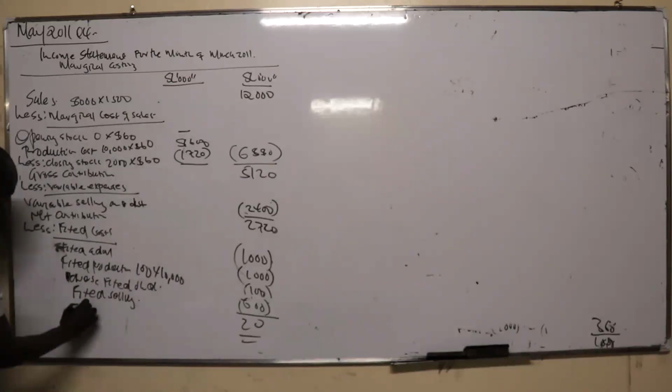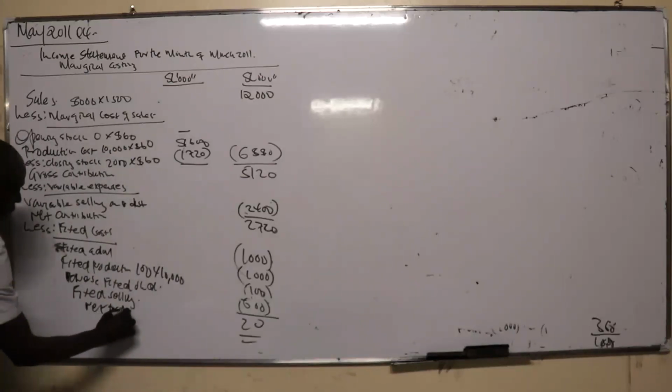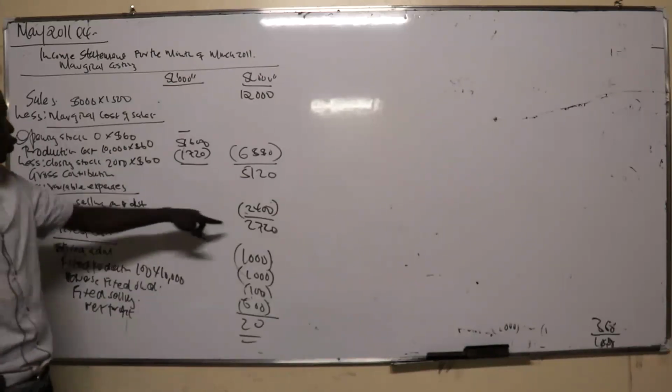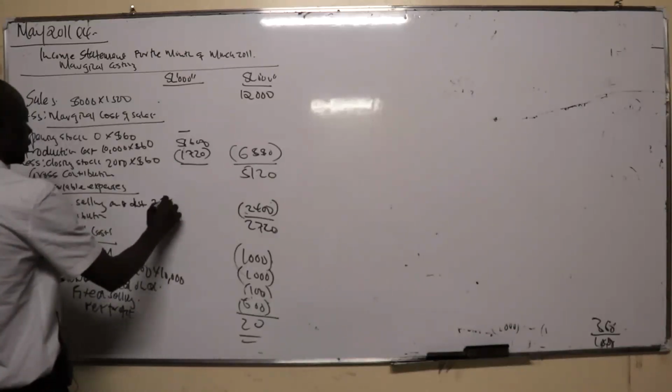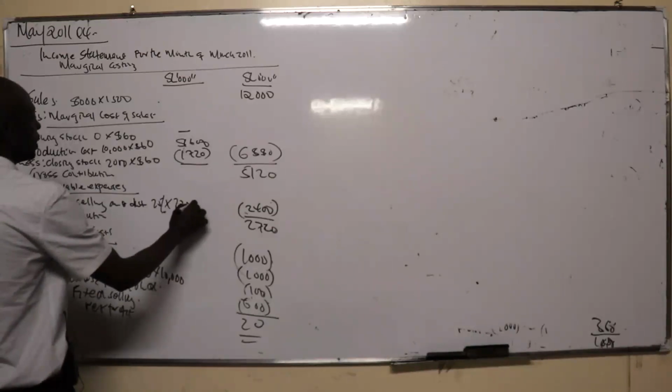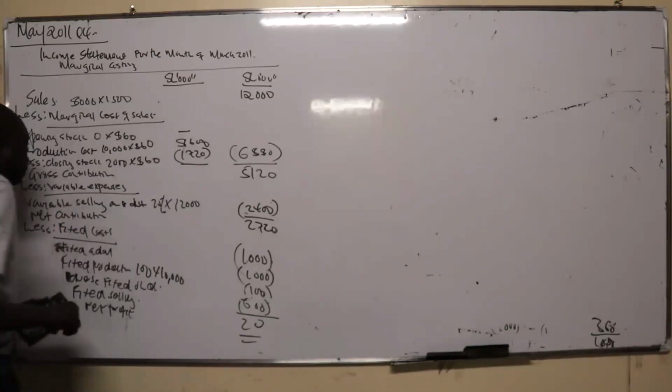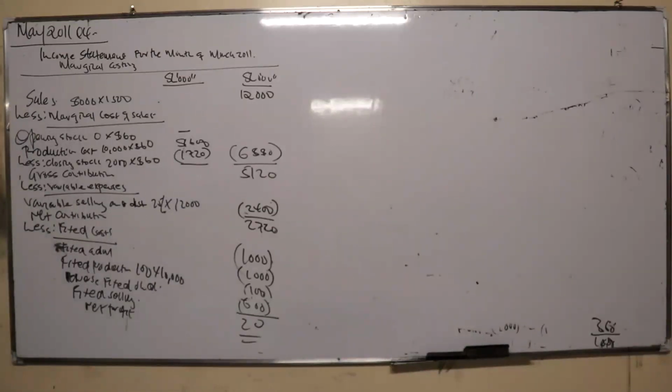So that is the net profit, which was 20. Remember, variable selling was 20% of sales, which is 12,000. 20% of sales, according to the question. If you have the question, you can be able to see. That is November 2011.